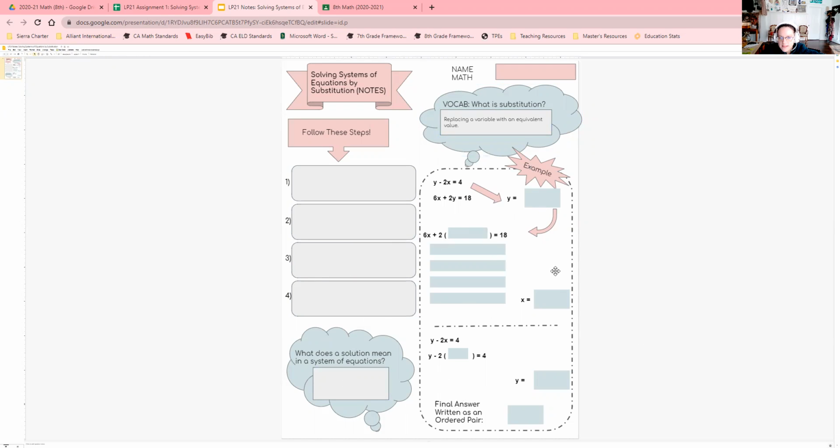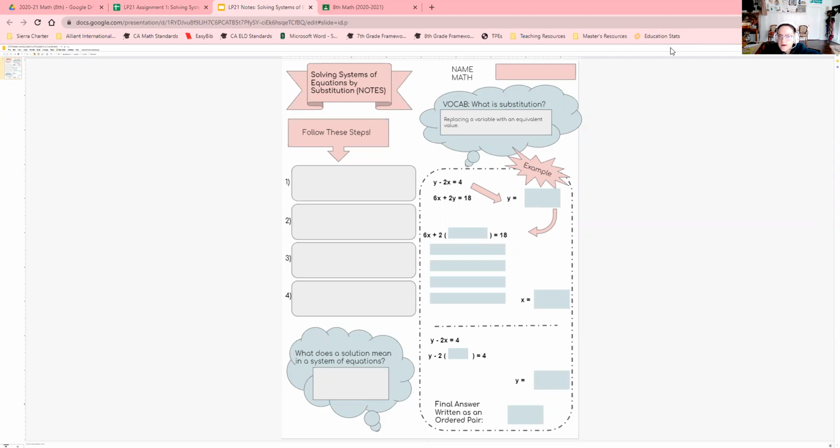So in our example, we have this first equation, y minus 2x equals 4, and 6x plus 2y equals 18. Our goal is to find out what x equals and what y equals. The first thing we're going to do is take the top equation, y minus 2x equals 4, and rewrite it, which is a skill we learned last week, so that y is single like a Pringle, chillin' like a villain.